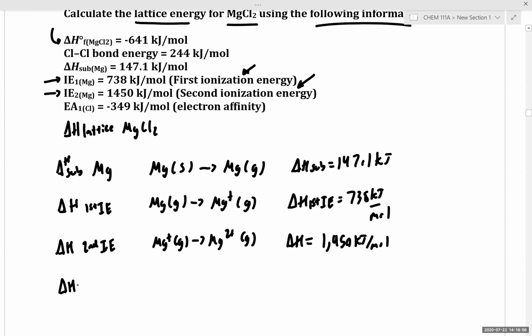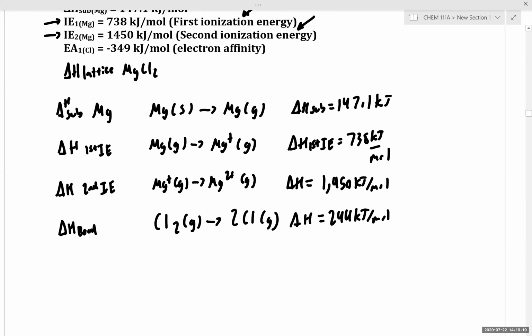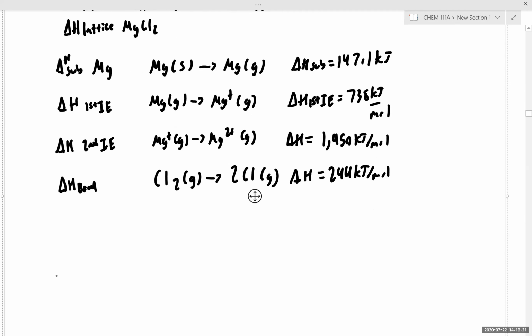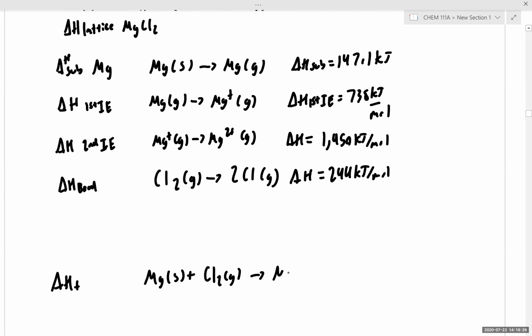Okay, looking at our bond enthalpy for our chlorine-chlorine bond, we're going from chlorine in the gas phase to 2 chlorine atoms in the gas phase. That gives us an enthalpy of 244 kilojoules per mole. Now, looking at our enthalpy of formation equation, we're going from magnesium solid plus chlorine in the gas phase to magnesium chloride solid.